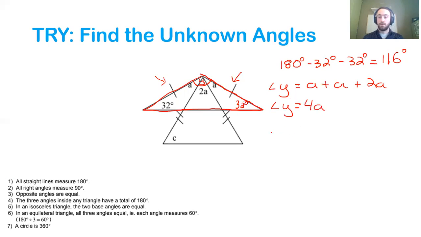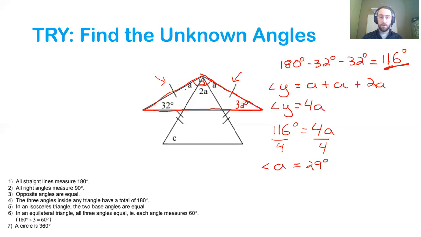Okay, so if angle y is 4A, and angle y is 116 degrees, because we calculated that up here, we can simply have 116 degrees is equal to 4A. Dividing both sides by 4, we could solve for angle A, and that is going to equal 29 degrees.